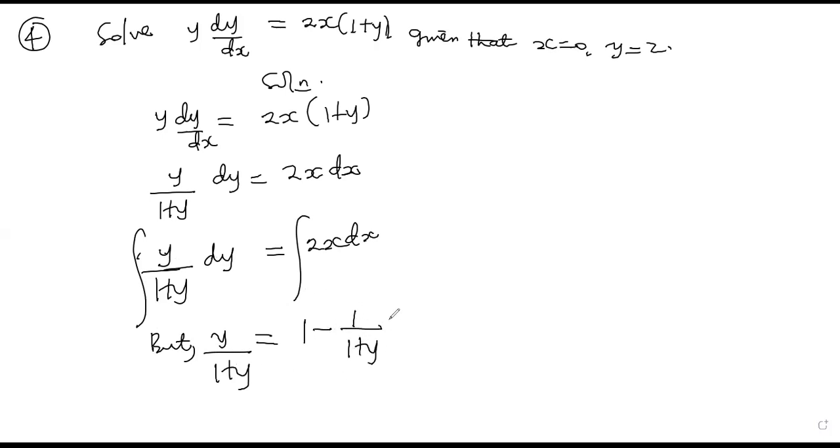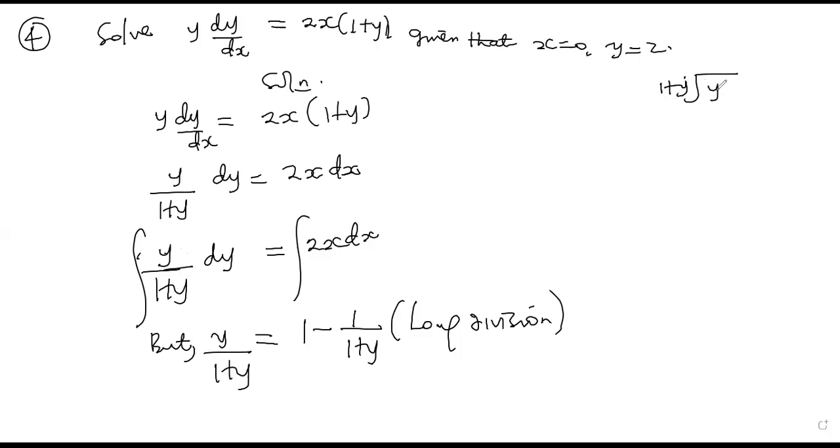How do I get this? Here, you have to use long division. Why? You're dividing y over 1 plus y. When you're integrating these functions, where you find that the power of the numerator is greater or equal to the denominator, you have to use long division. So you're getting y and you're dividing it by 1 plus y.